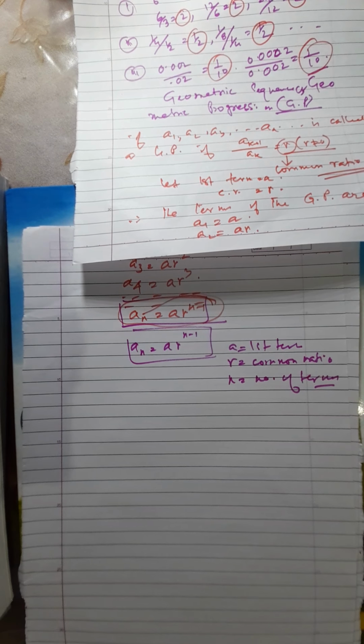Okay, clear? Here finite and infinite GP are there. If the last term we are getting, then it is finite GP, and if last term we are not getting, then it is called infinite GP.